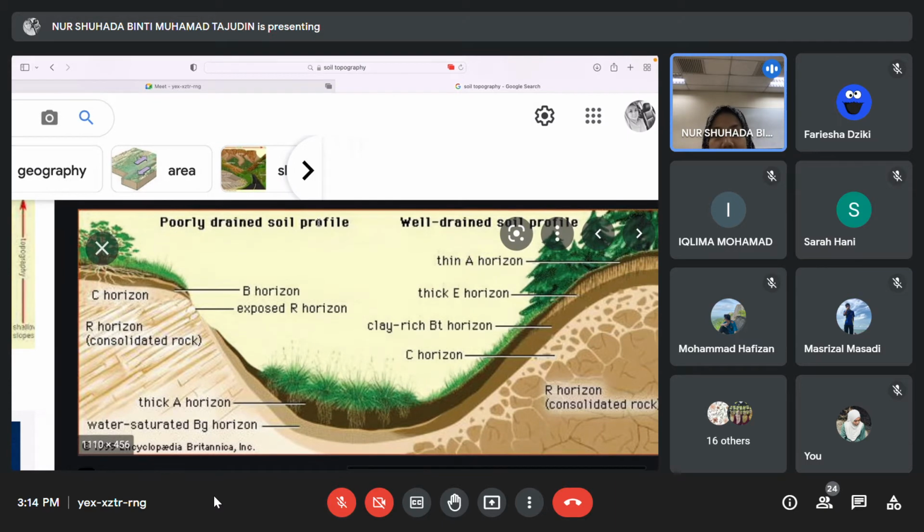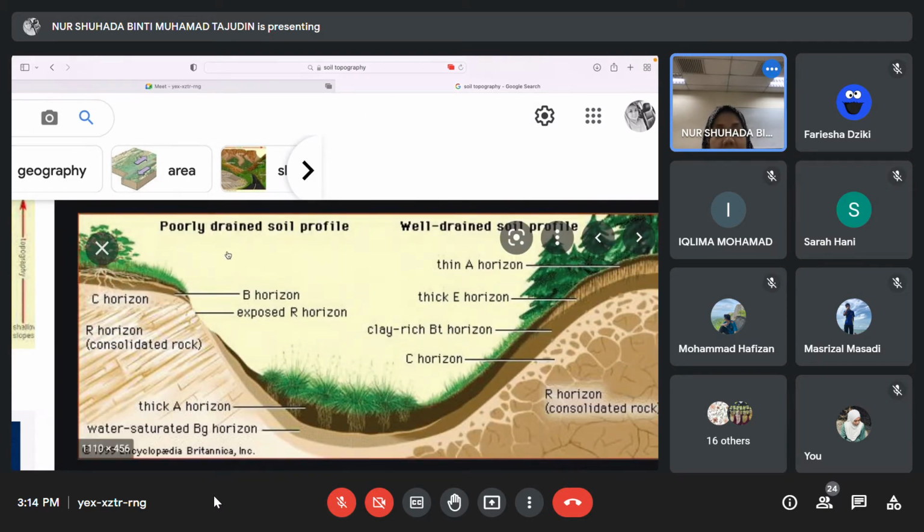You can see on your left side, okay, the organisms, I mean the plant on top of the hills are different compared to the right side. Okay, right side is more like forest. Okay, but this one it is grass.